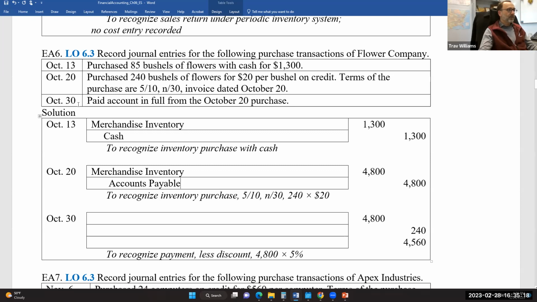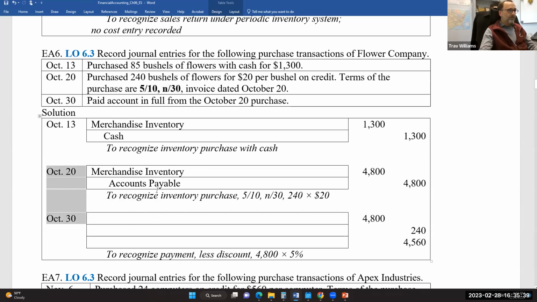Then on October 30th, we actually pay. So the terms were 5/10 net 30. So we would get a 5% discount if we paid in 10 days. Did we pay within 10 days? Yeah, right on the 10th day after the purchase, right?